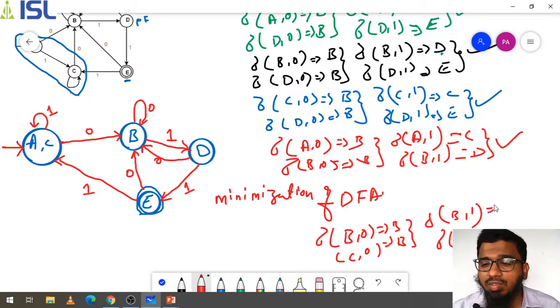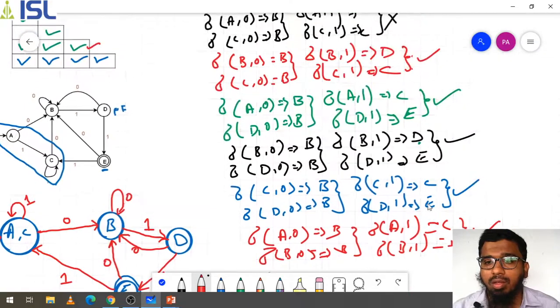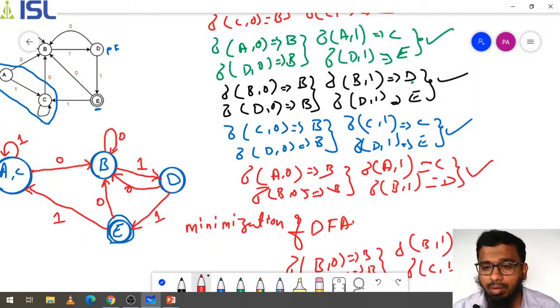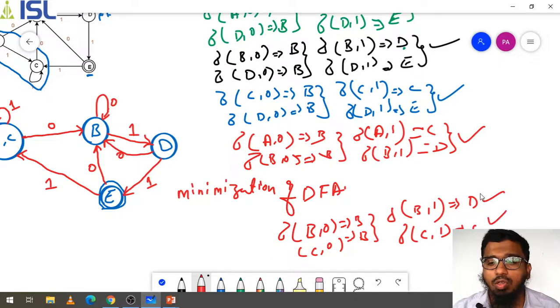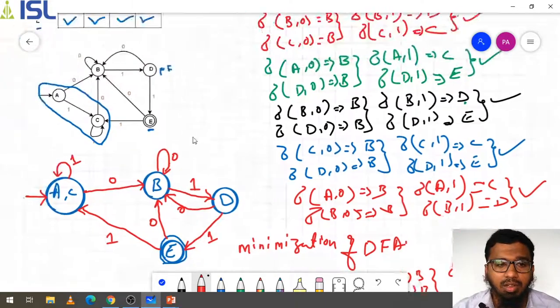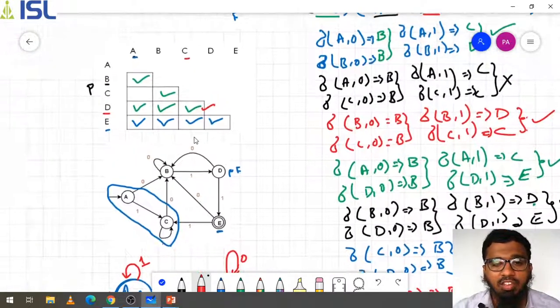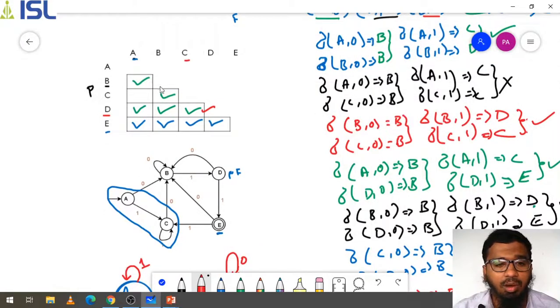What answer are we getting here? Here also we are getting DC. So this is also accepted. Because CD is already ticked here, it is ticked here also.